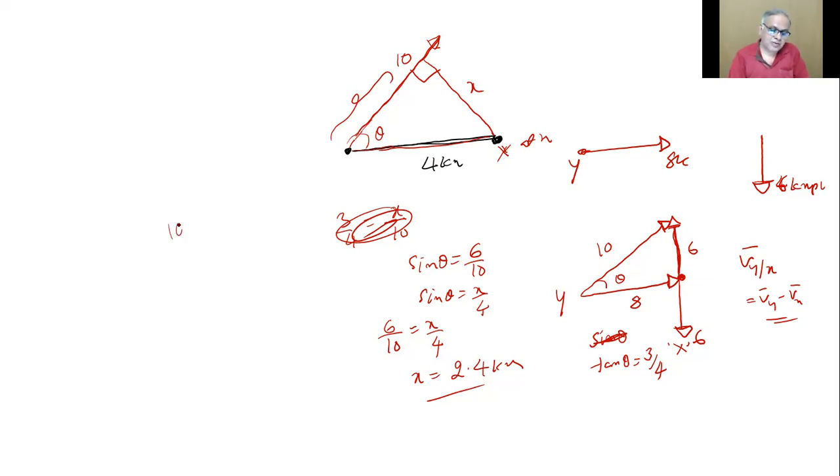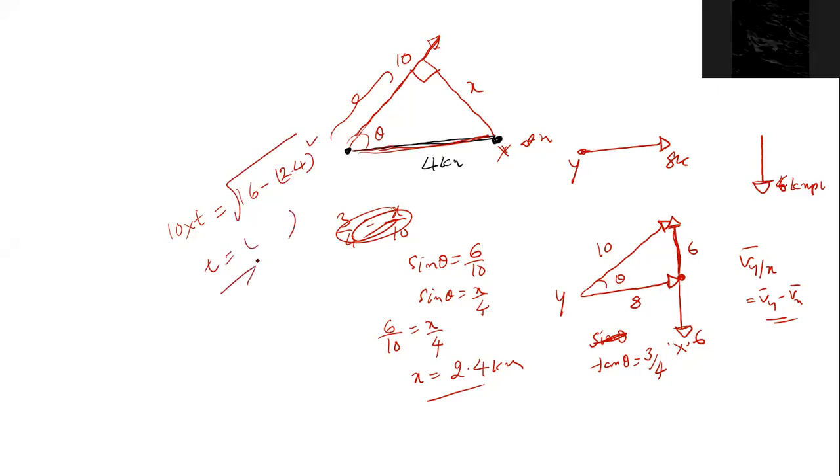So 10 into t equals 4 square minus x square. This is the diagonal, children, here. This minus this is that, isn't it? So 10 into t equals, tell me, 16 minus 2.4 whole square under root. You'll get t later.